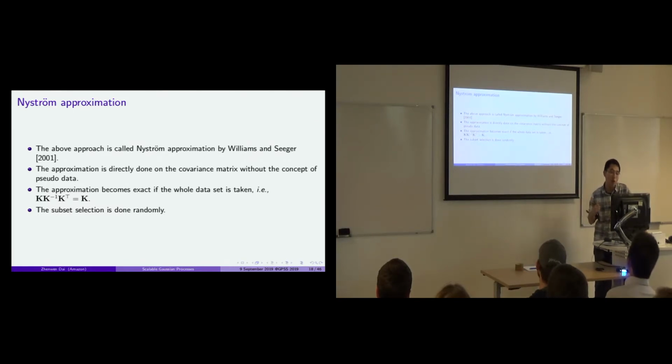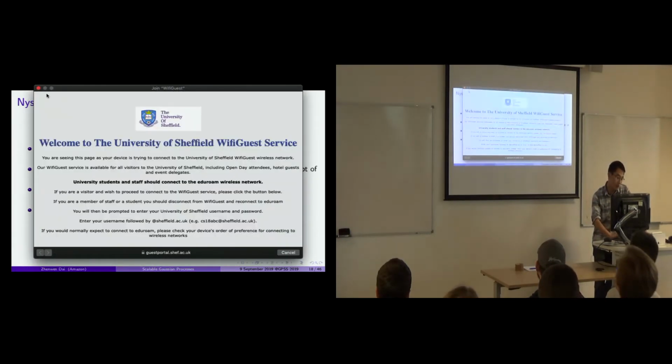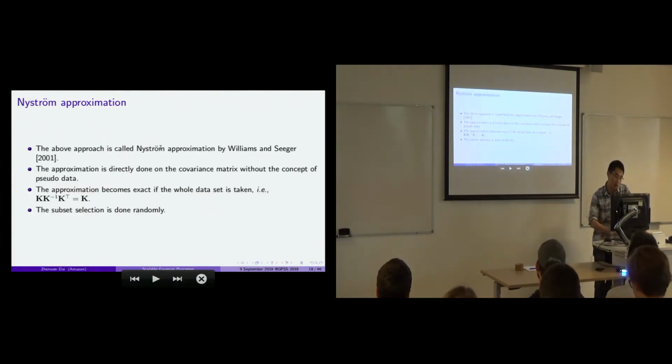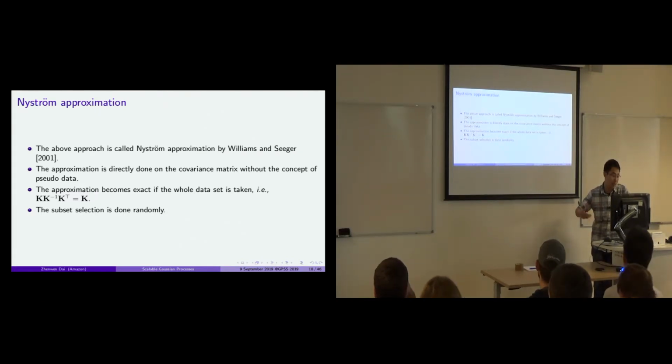That is actually one of the limitations of the Nystrom approximation. The original algorithm does not come with a nice way to subsample the data set. It was proposed as naive random subsampling.